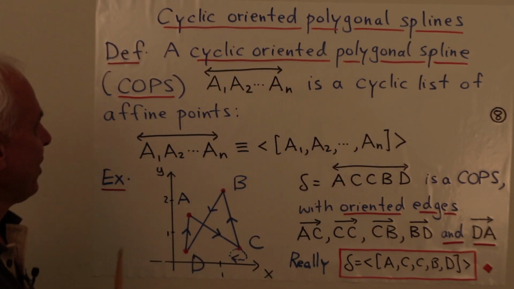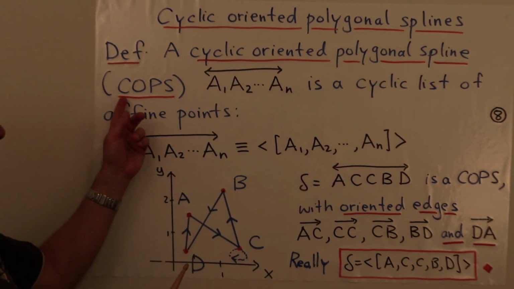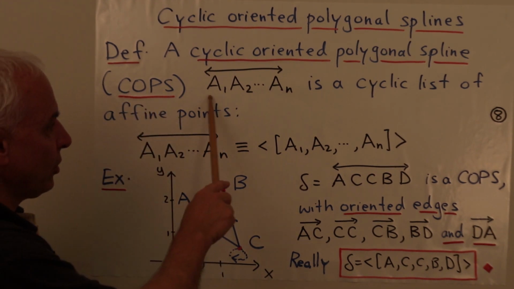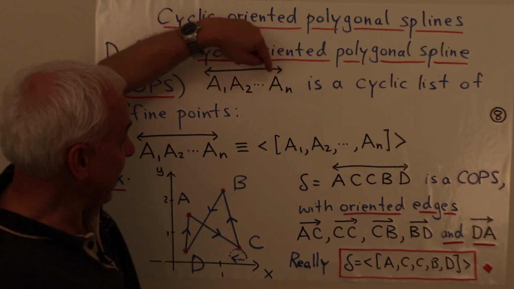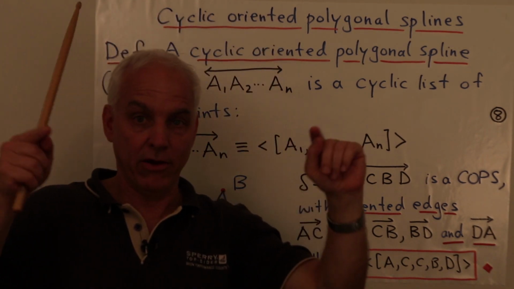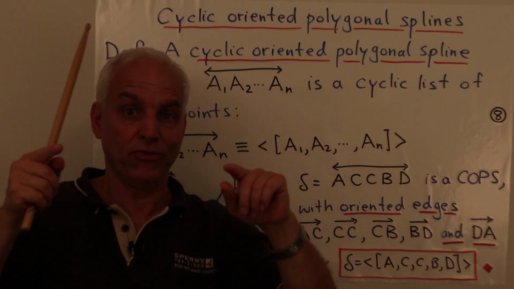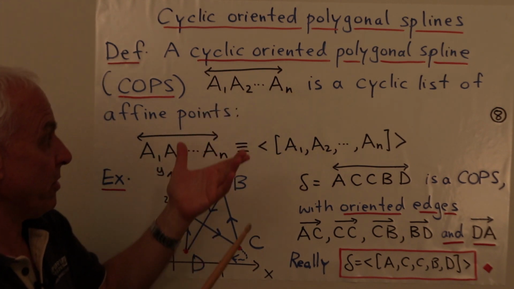Bit of a mouthful. So the definition, a cyclic oriented polygonal spline, namely COPS, looks like this. A1, A2 up to AN. But now look, the arrow on top here is a double arrow. It's like a spline arrow, but going in both directions. Okay, that's what the terminology is going to be.